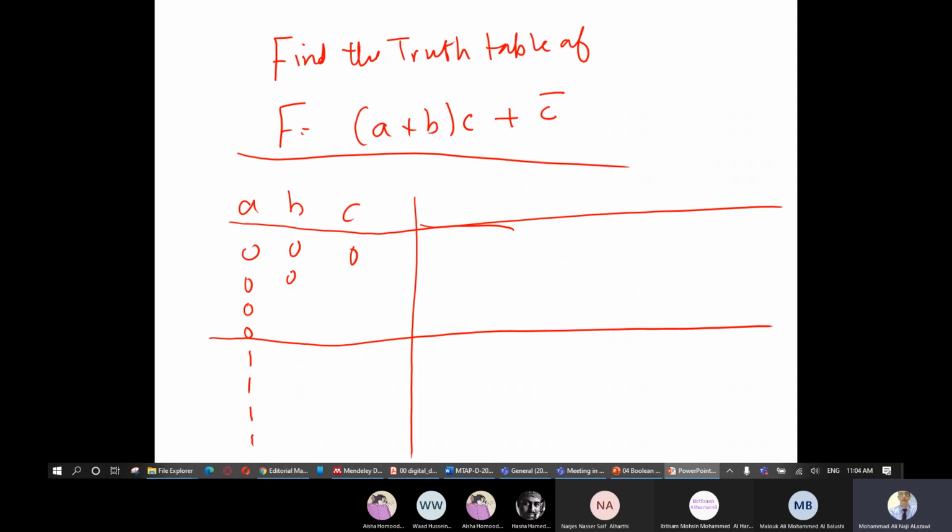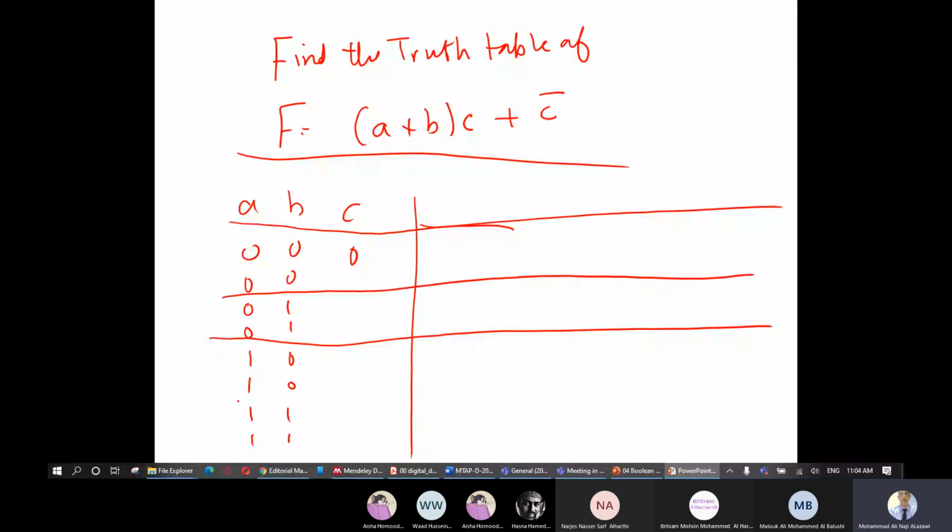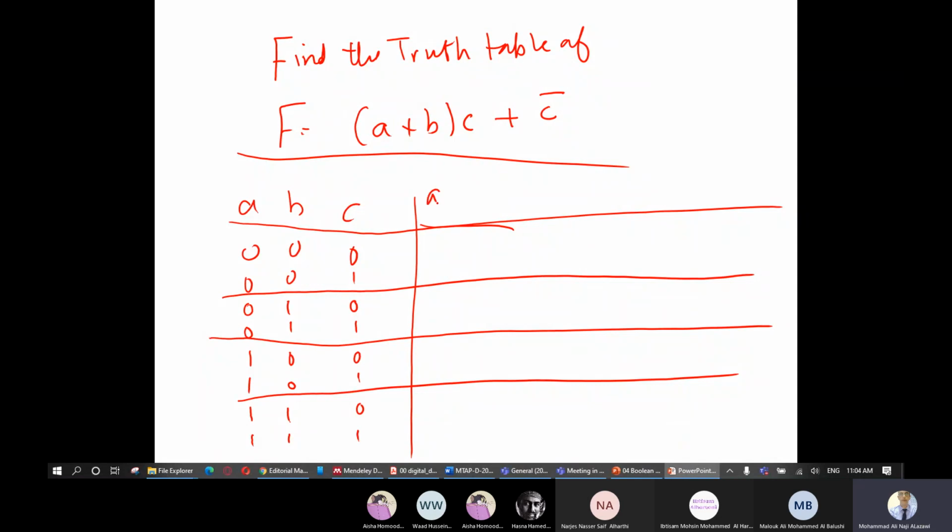Then I have 2 zeros, 2 ones, 2 zeros, 2 ones. I have 0, 1, 0, 1, 0, 1, and 0, 1. Then the first part is A plus B. A plus B, this one. I told you with OR what I will search for 1 1.